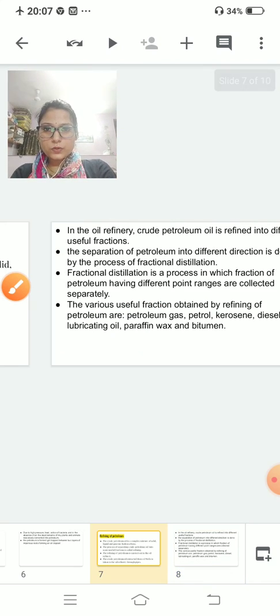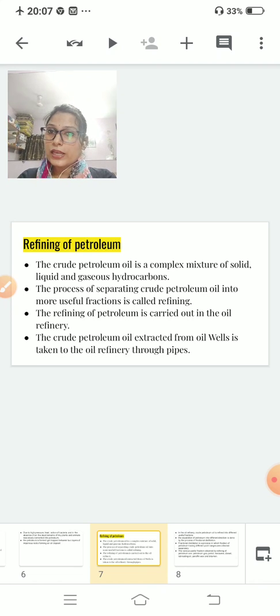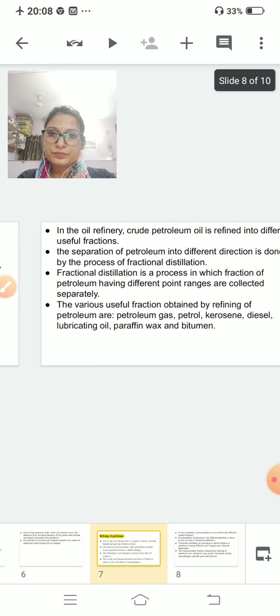I am reading the previous slide once more. The crude petroleum oil is a complex mixture of solid, liquid and gaseous hydrocarbons. The process of separating crude petroleum oil into more useful fractions is called refining. It is carried out in the oil refinery, and the crude oil extracted from oil wells is taken there through pipes.